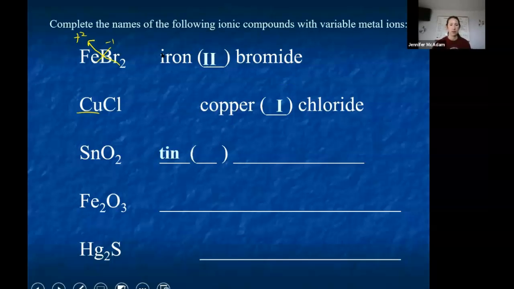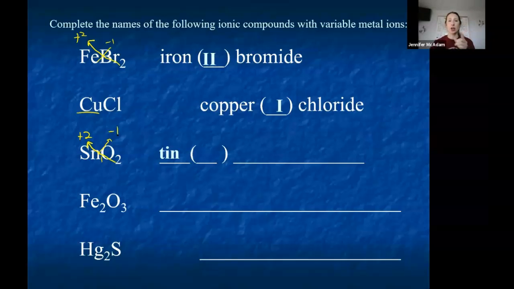Yeah, some people are getting this one. 4, 2, right? Here's what I mean by the crisscross being not always reliable. If we do the crisscross here, we crisscross this up, it makes tin a +2. And we cross this up here and it makes oxygen a -1.